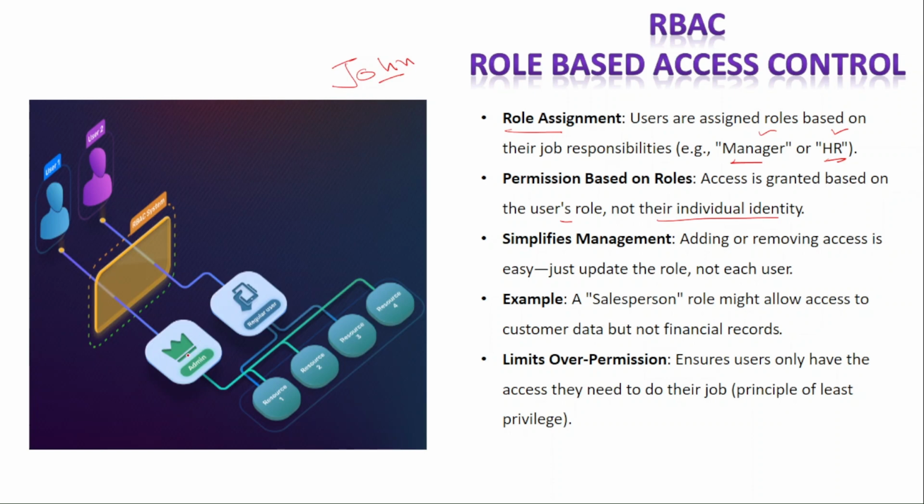So actually you can say that this role is basically a hat, and this hat has specific permission to resources. It is the user that wears these hats, and based on this hat he or she gets access to the required or desired resources. Simplified management: adding or removing access is easy.